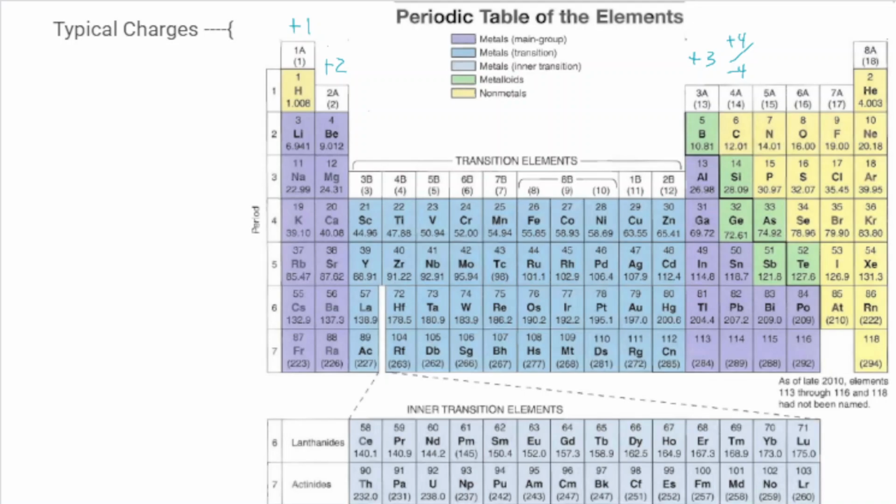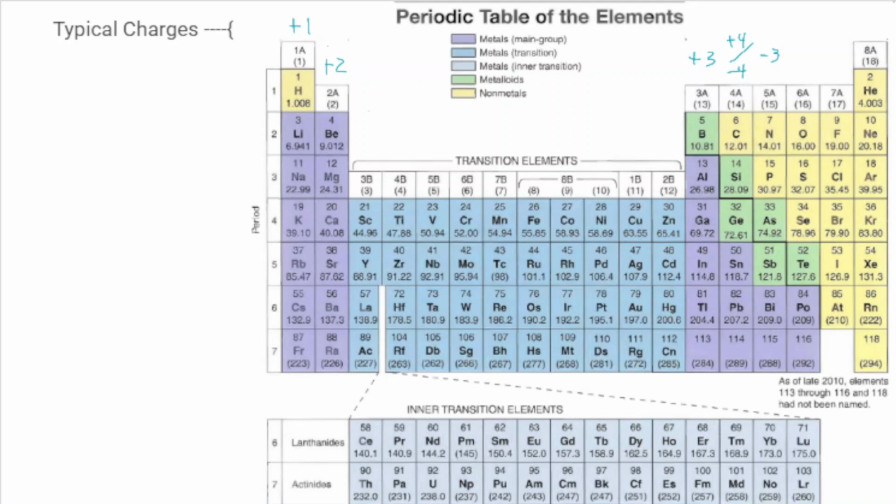Then for nitrogen, generally it's easier for it to gain 3 electrons, so it's going to have a -3 charge. It can be a +5. It can lose 5 electrons and be +5. That's definitely possible. But energy-wise, it will tend to be a little bit more likely for it to gain 3 electrons and have a -3 charge.